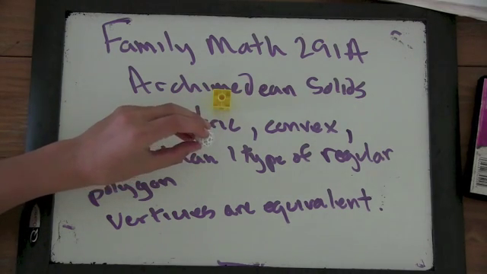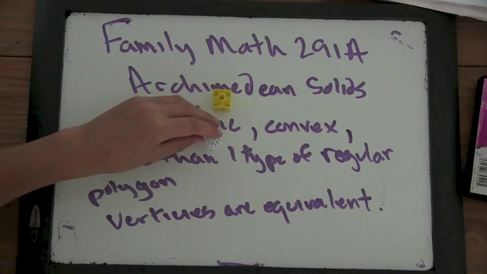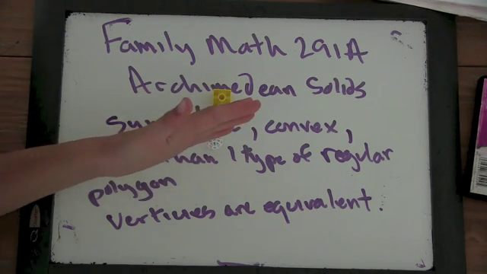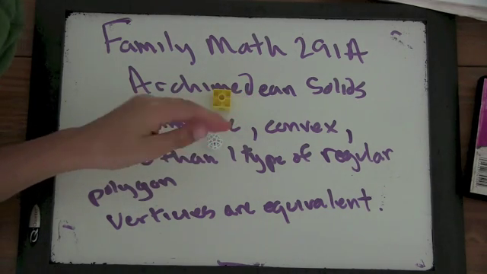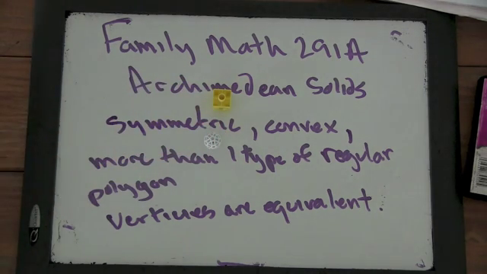Well, if you slice the line from this top pentagon to the bottom pentagon, it looks like you get the same figure. It's pretty symmetric to me. Are the vertices equivalent? Yeah, each one I can see at least connects two rectangles, a triangle, and a pentagon.